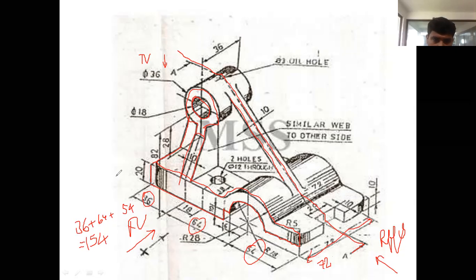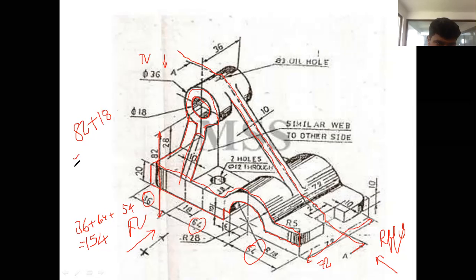And what about height? Height from the base, from here to here, is 82, plus the radius of the dia 36, half of that is 18.